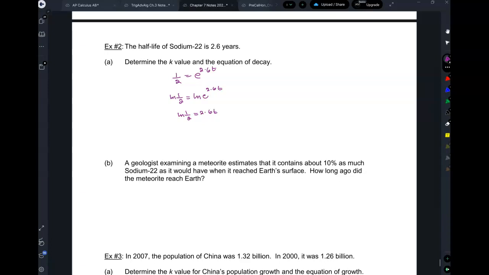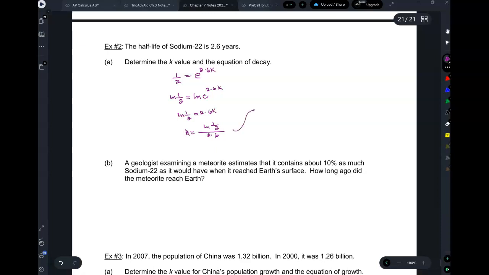When we take ln, can we just skip to the... Yes. So then t is ln of 1/2 over 2.6. Oh, sorry, it's all K. Sorry, it's all K. Oh my gosh, sorry.